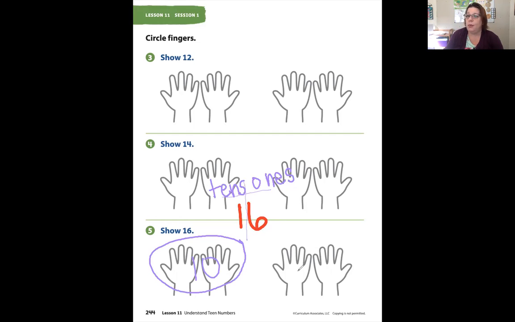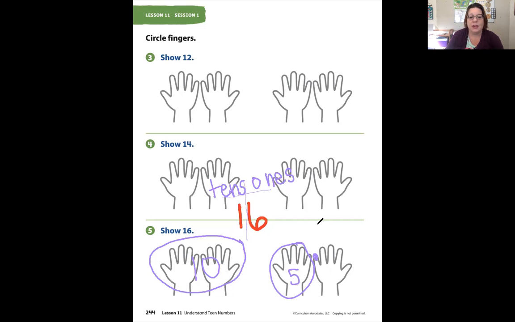What did we remember from before? 6 is 1 more than 5. We know one hand is 5. So 5, count on 6. I don't have to count 1, 2, 3, 4, 5 anymore. I can just say 5 and 1 more is 6, right?